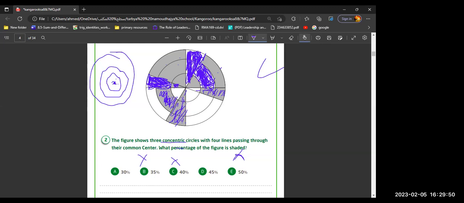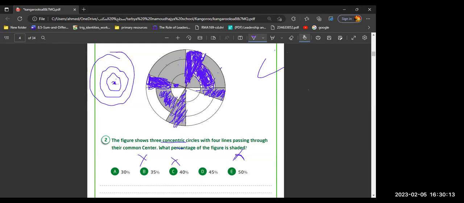Okay, look. I'm going to do this. I need another color. So look, guys. Now we have the blue pieces right here. And remember, there is no gray here. There is no gray here.